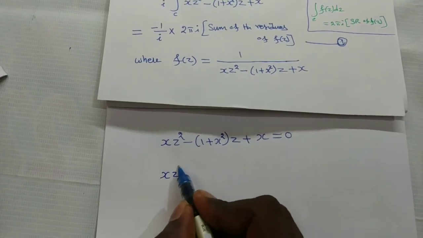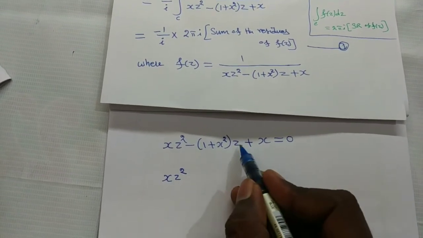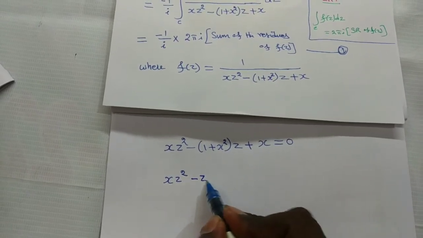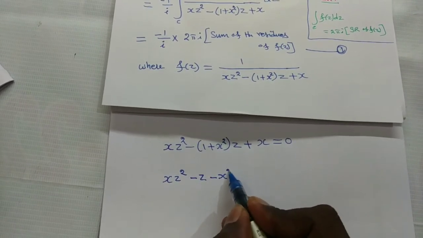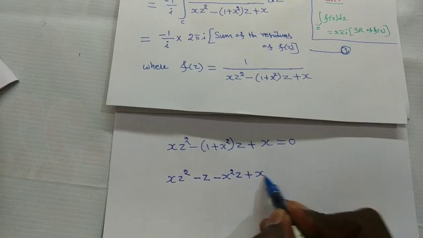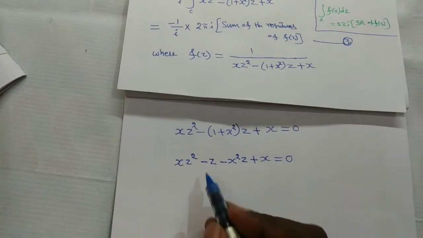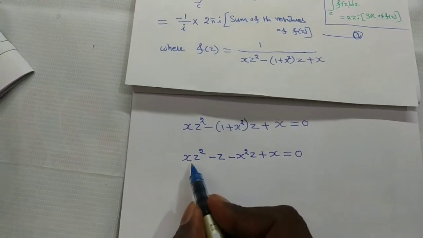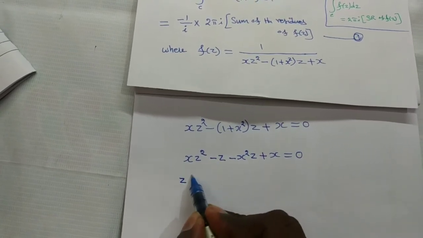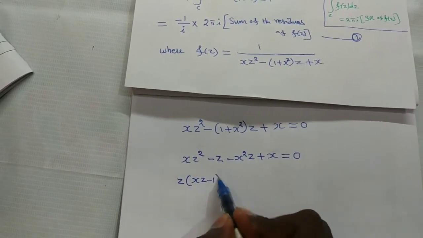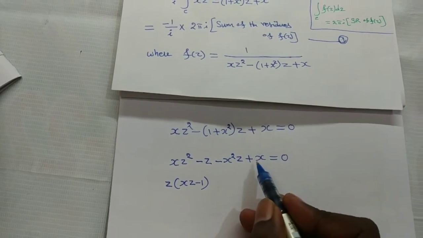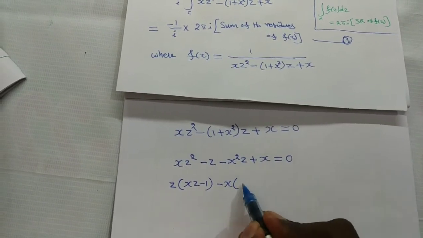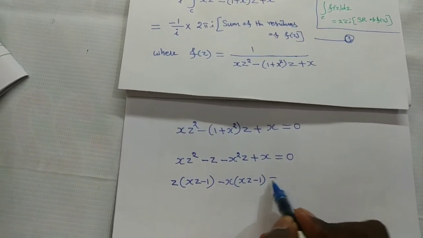So xz² − z − x²z + x = 0. To solve this, take z outside in the first two terms: z(xz − 1). In the next two terms take −x outside: −x(xz − 1) = 0. So take (xz − 1) outside: (xz − 1)(z − x) = 0.